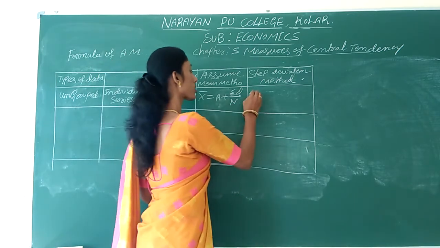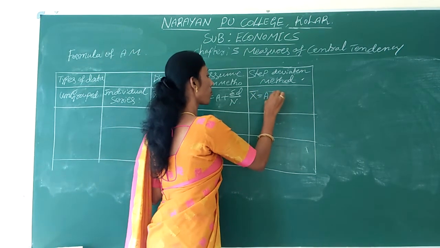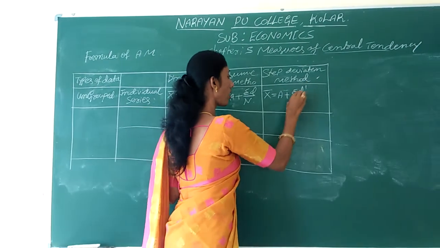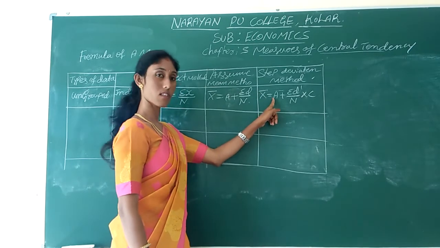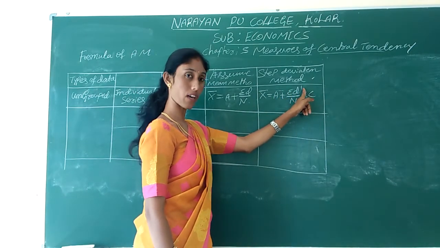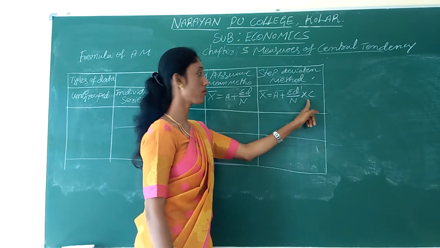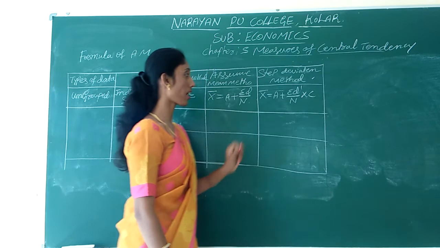Then step deviation method formula is x bar is equal to a plus sigma d dash divided by n into c. A means assumed mean, sigma d dash means sum of all the d dash values divided by number of items into common factor. C means common factor.